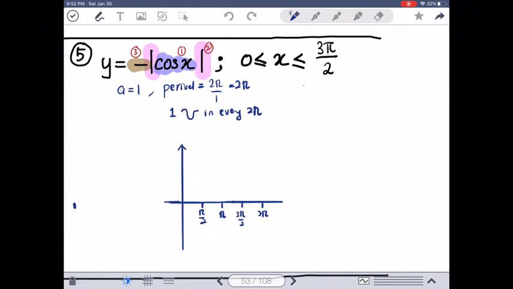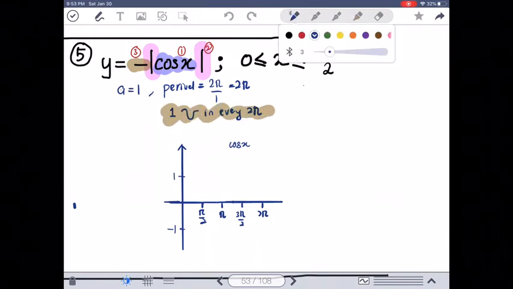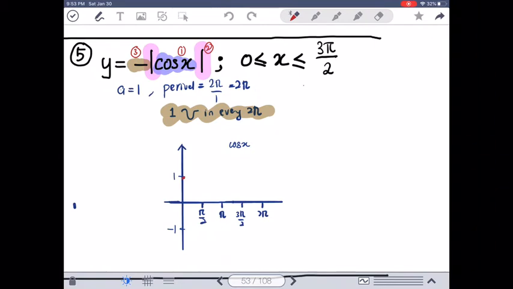And we only deal with amplitude 1, so that is not a problem. So we start from inside, cos x. So 1 cycle in every pi. So we will have 1 cycle in every pi.